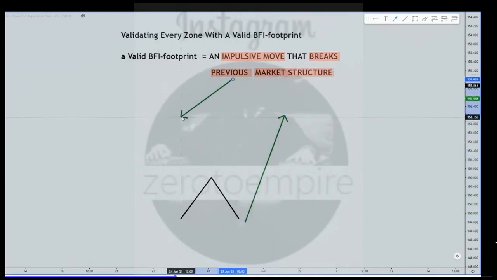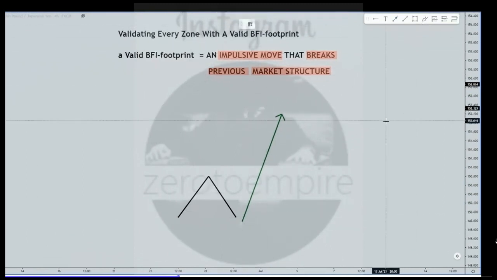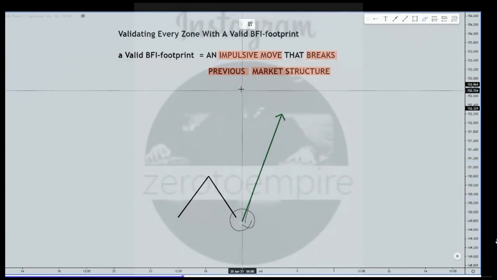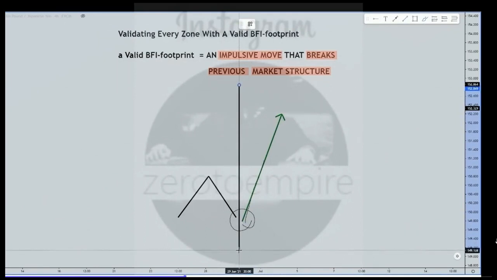But previous to the origin of the A to B move. And you can even, baby pip style, put a vertical line, and something to the left has to break, or else it's not a valid footprint.